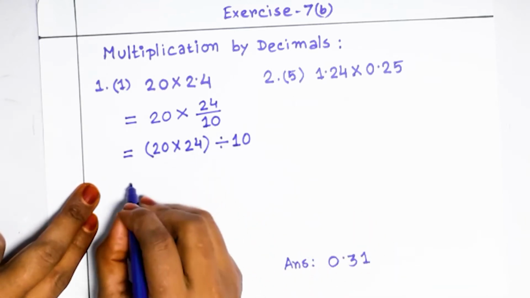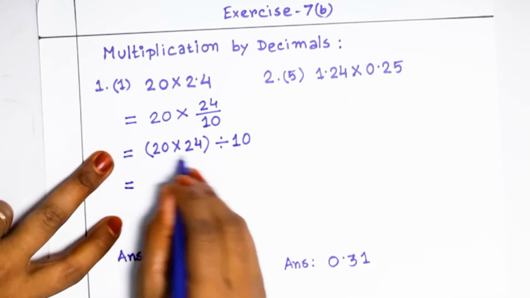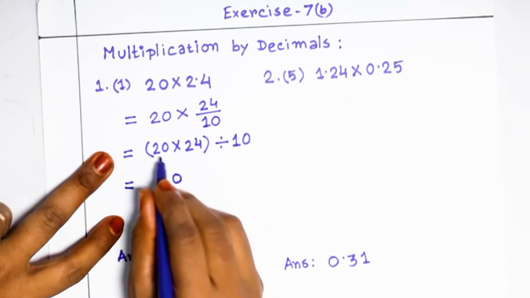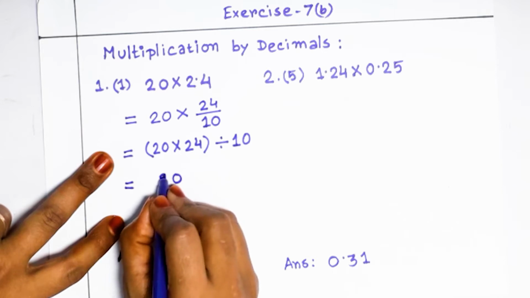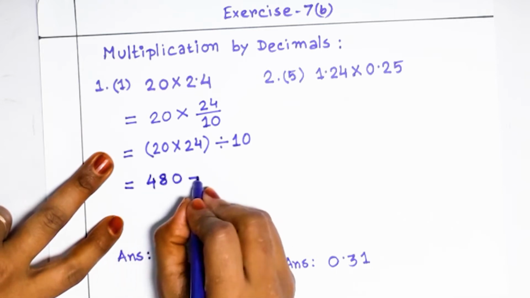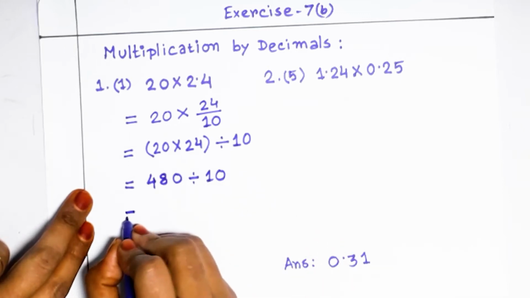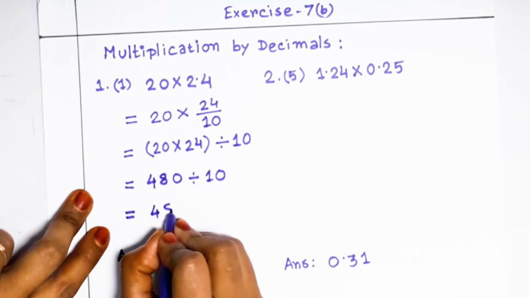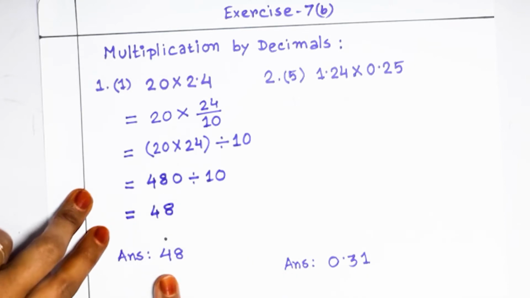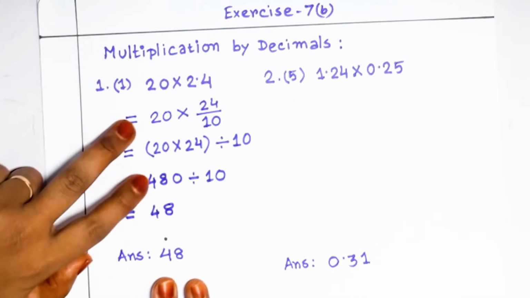Now multiply this one. Here write 0, 2 4s are 8, 2 2s are 4, divided by 10. Now the answer is 48. The answer is 48.